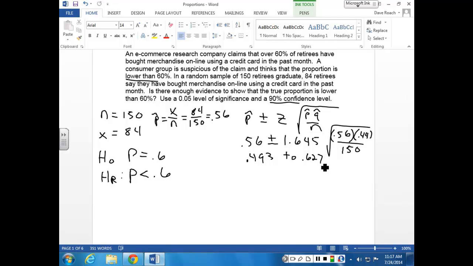You should also verify that using the stat function on your calculator, which is STAT, TESTS, go down to option A, which is 1-PropZInt.